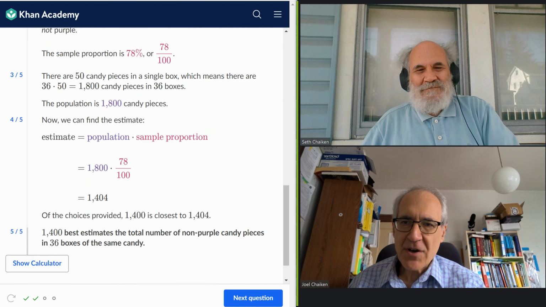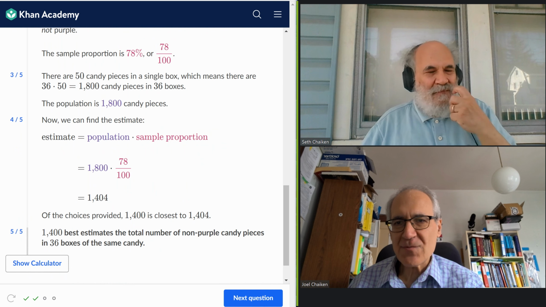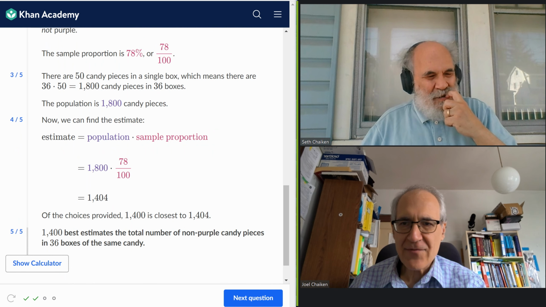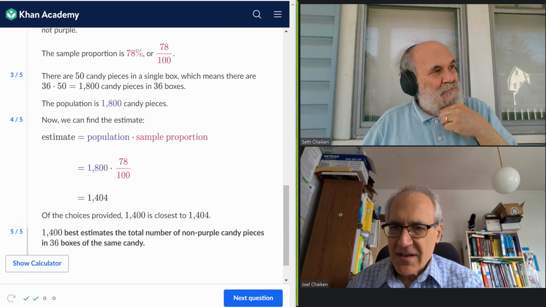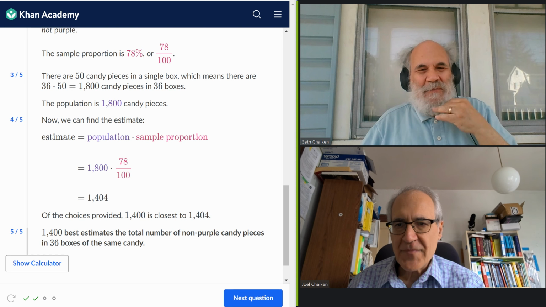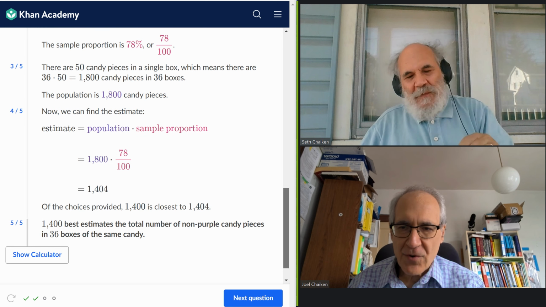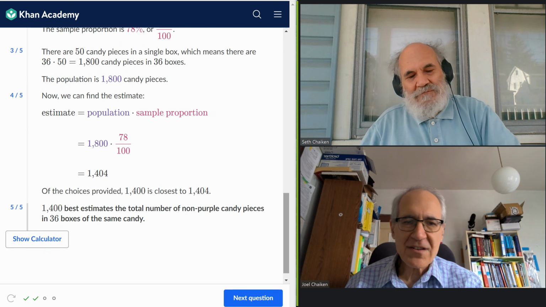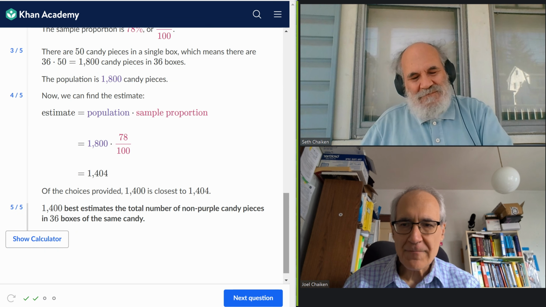So the whole population, that's a fancy word for the total number of things you have. Now we can find the estimate, which is extrapolating from the sample. It's 80% of 1800, which is 1404. But there's no need to get the number 1404. You could do what we did.